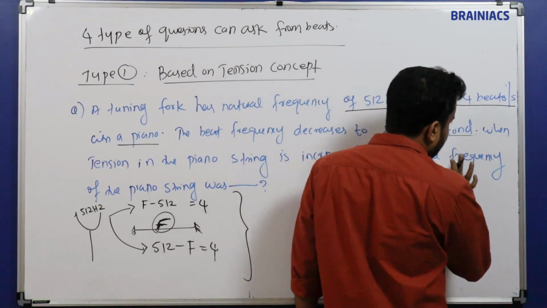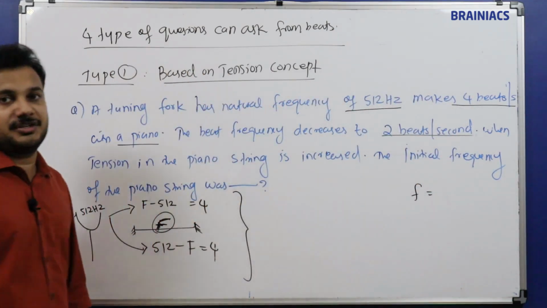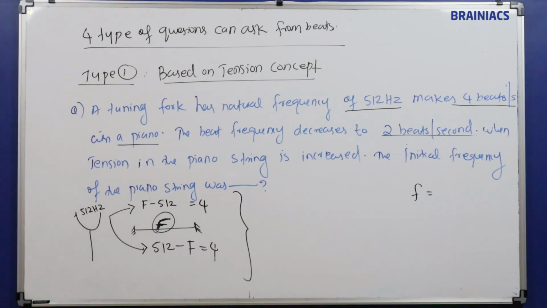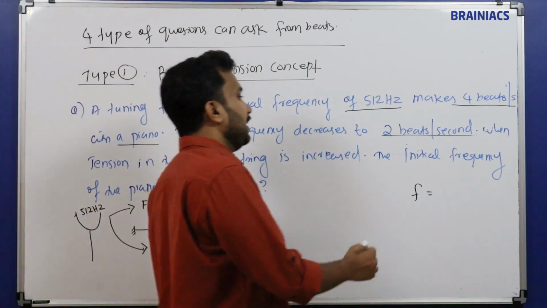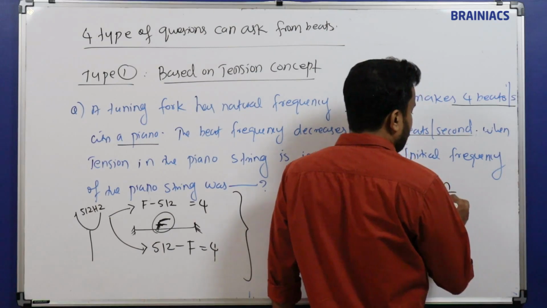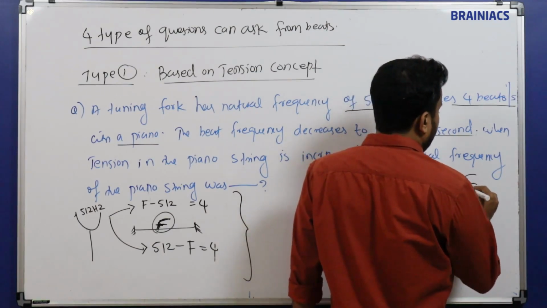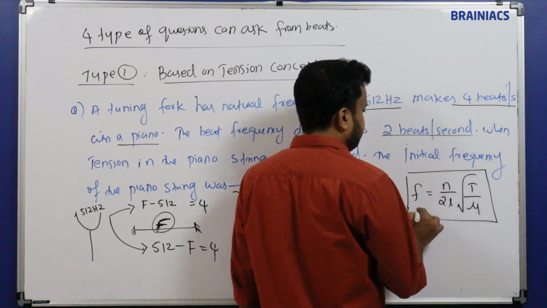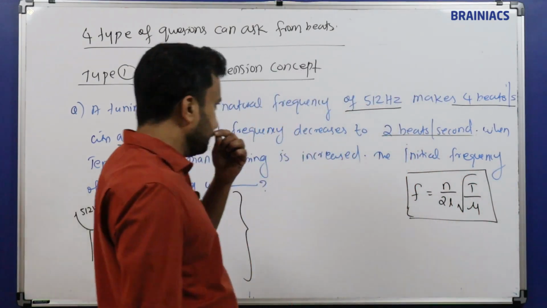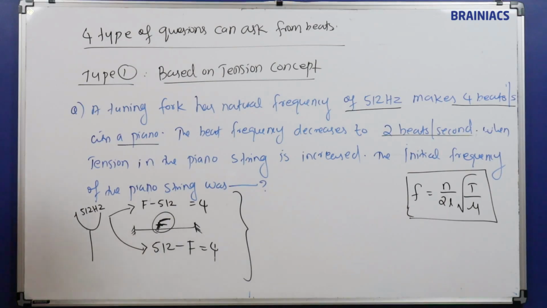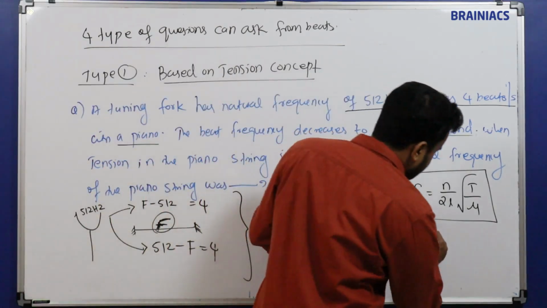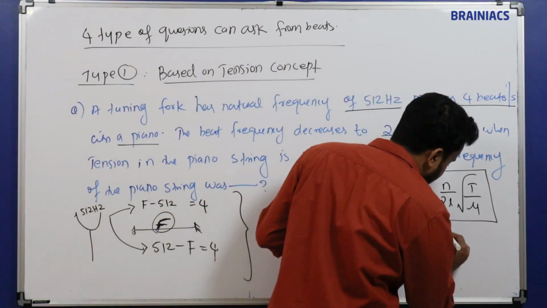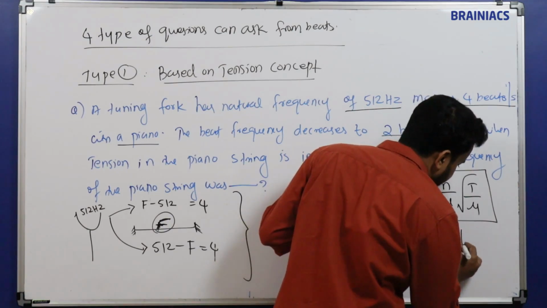We have learned the frequency of a string is n divided by 2l into root of T by mu. Mu means mass per length. Upon tension increase, listen carefully, what will happen to frequency?